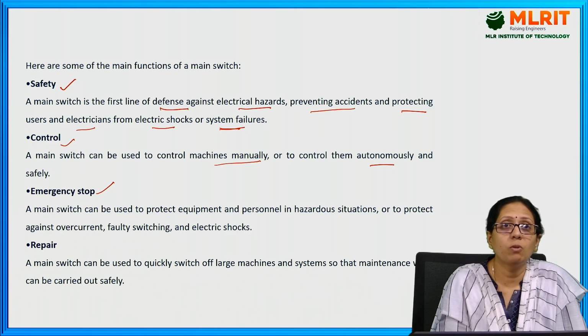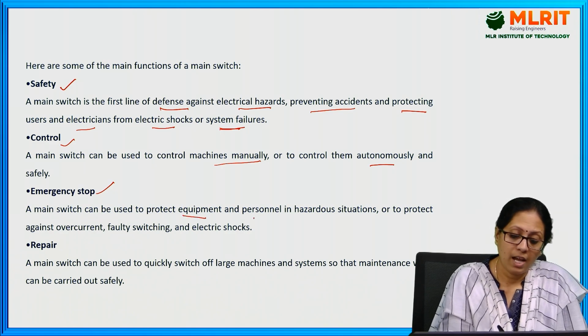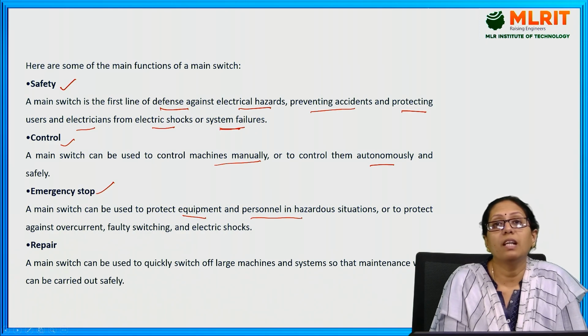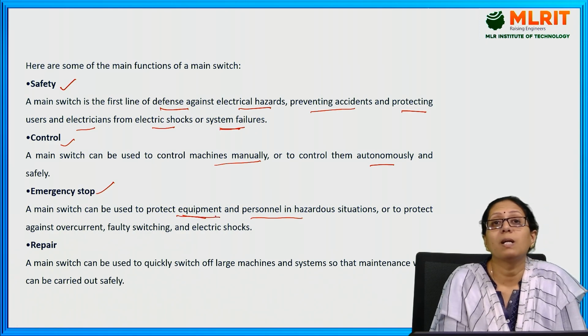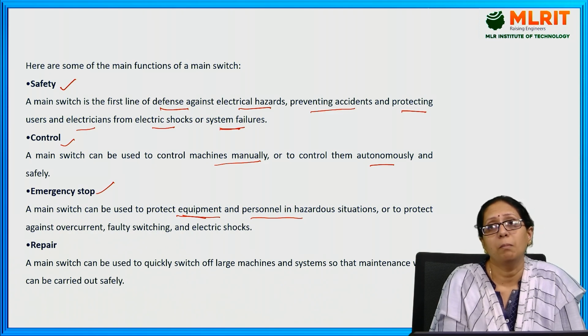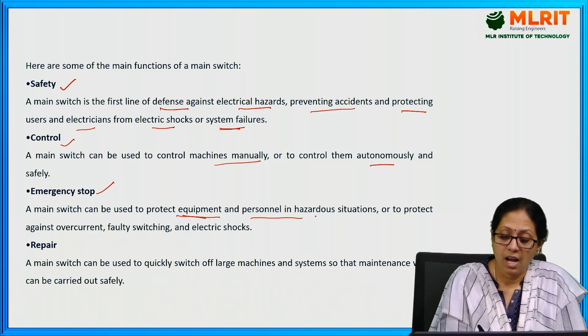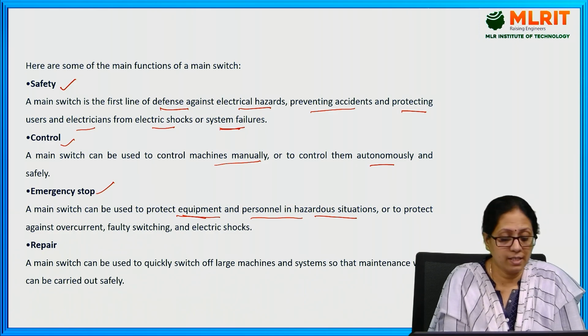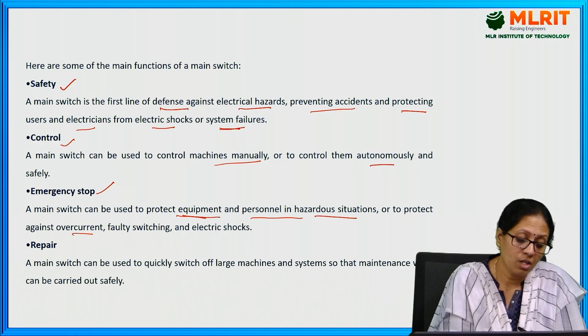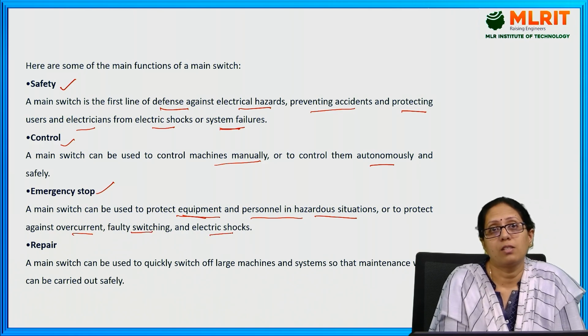The main switch can be used to protect the equipment as well as personnel in hazardous conditions. Equipment means the sub-circuits which are connected to this particular main switch in hazardous situations, or to protect against overcurrent, faulty switching or electrical shocks.